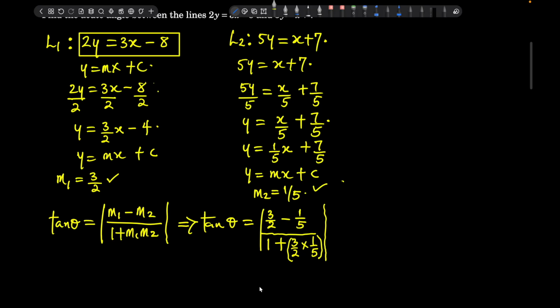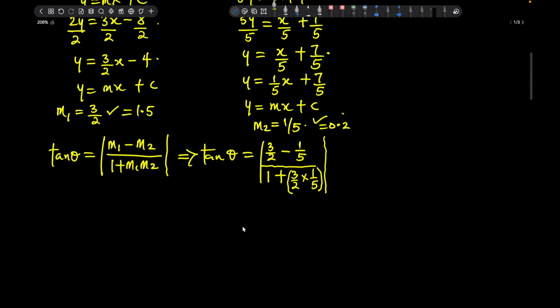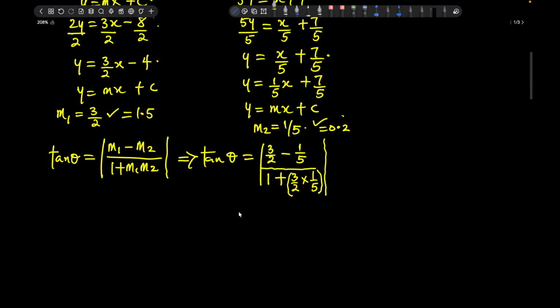If you don't like the way we have written it so far, you can express this in decimal: this is going to be 1.5, and this is going to be 0.2. So instead, you can write it as 1.5 minus 0.2 over 1 plus 1.5 times 0.2.